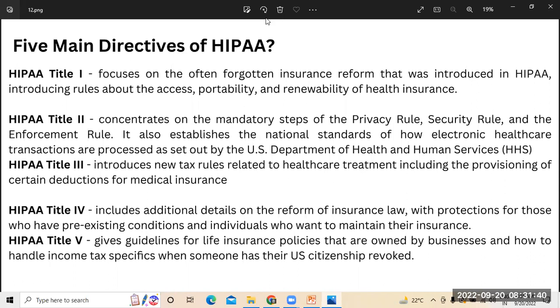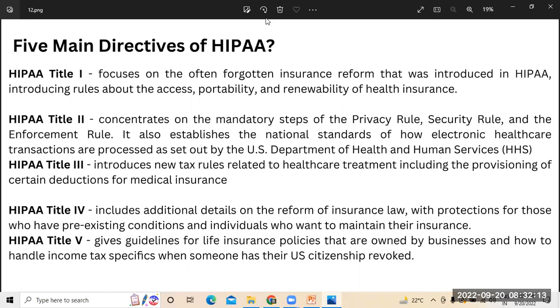So the first point is about the focus on insurance reforms by introducing the accessibility, portability, renewability of health insurance, which will have some changes when it requires from time to time. Second, the HIPAA title 2 concentrates majorly on the mandatory steps, followed by the privacy rules, security rules, followed by enforcement rules and all that.